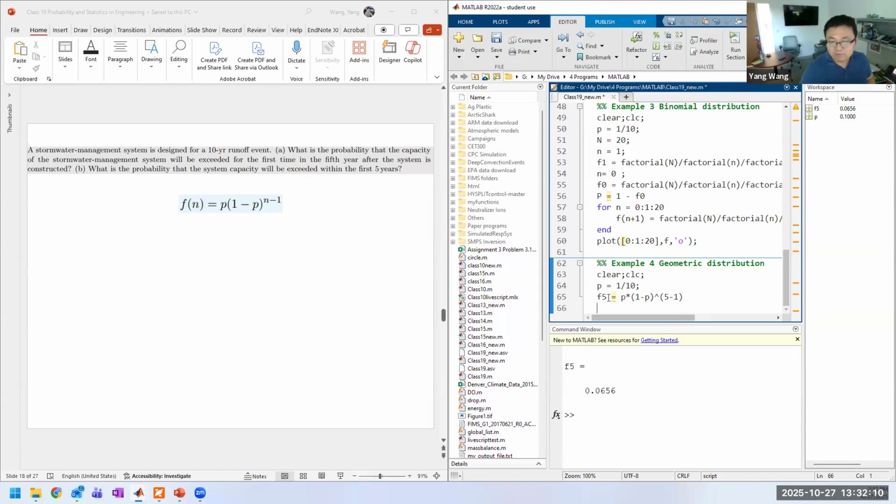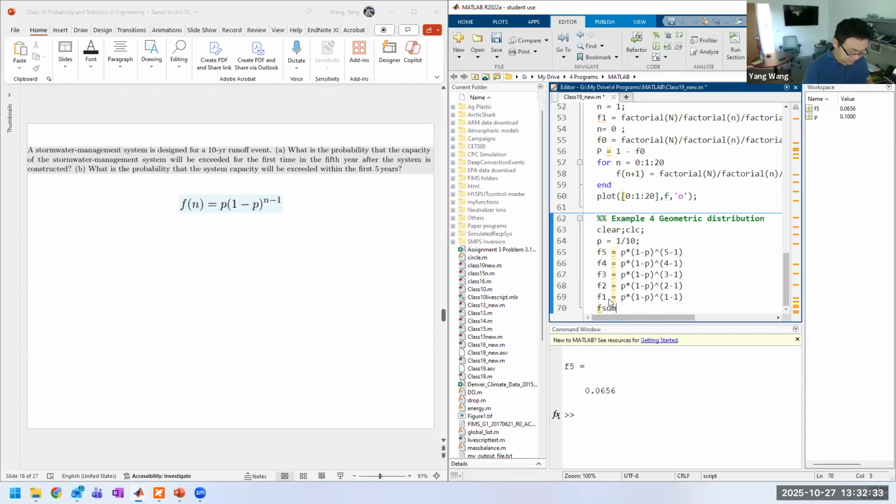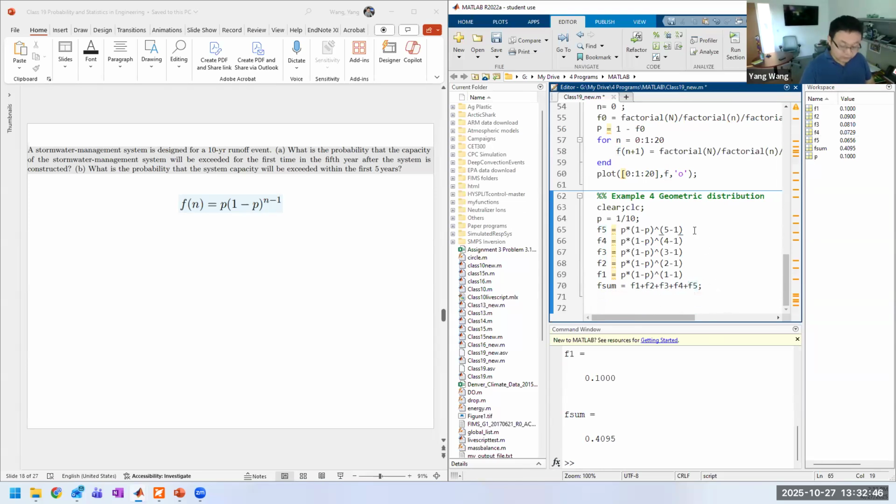So you can calculate F1, F2, F3, F4, F5 separately, and then you can do the summation. That's 0.4095.